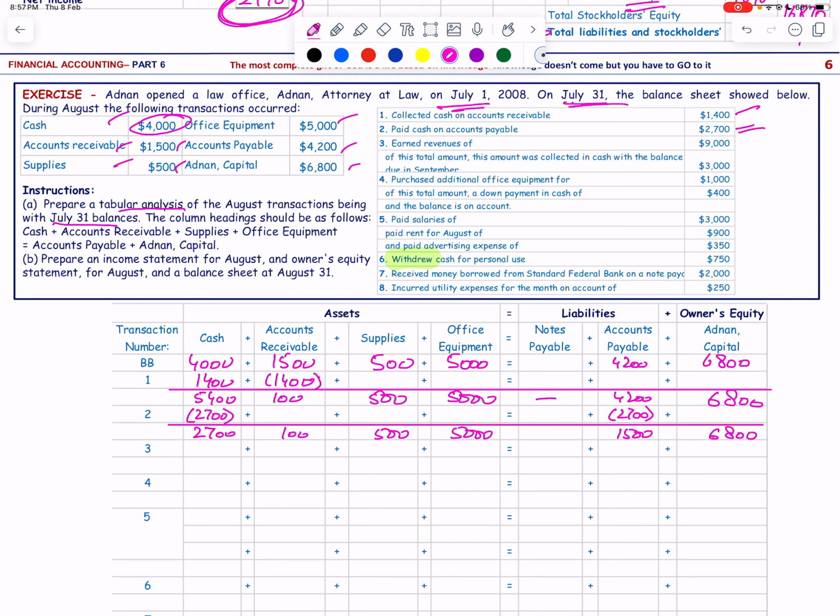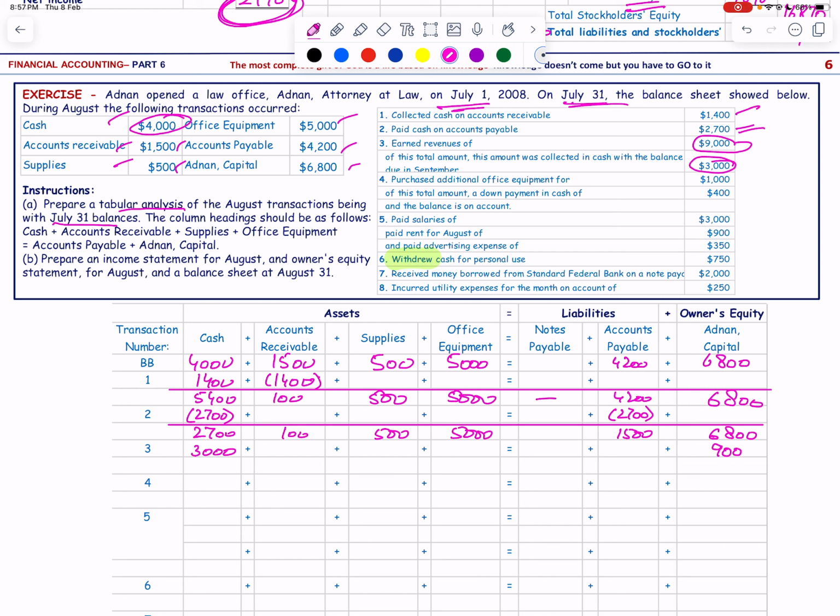We move on to number 3, earned revenue of 9,000. Of this total amount, we have collected 3,000 cash, so cash is plus by 3,000, and we have revenue of 9,000. That will be with the owner's equity.